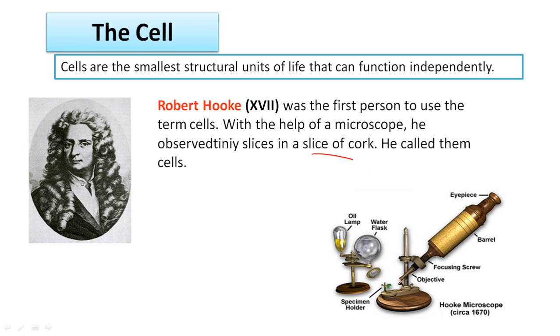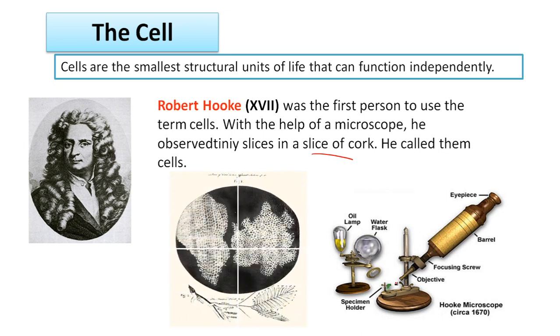And he realized that las láminas de corcho que miraba al microscopio estaban formadas, they were formed by these tiny holes, like a net, formaban esta red de celdillas, como un panal de abeja. He called them cells, okay?